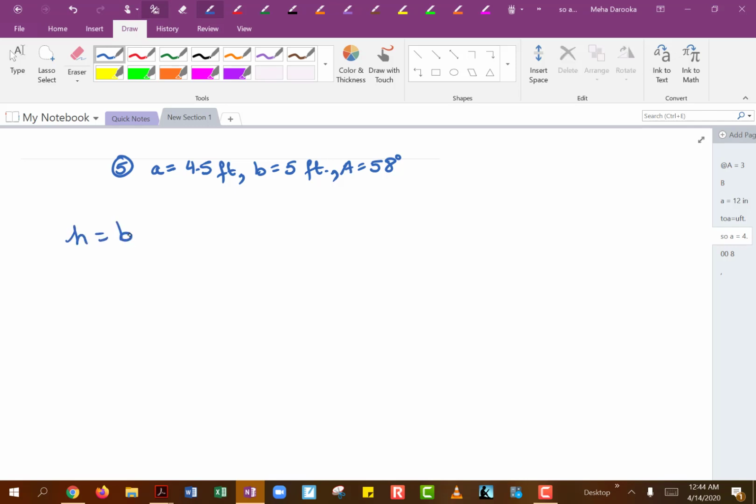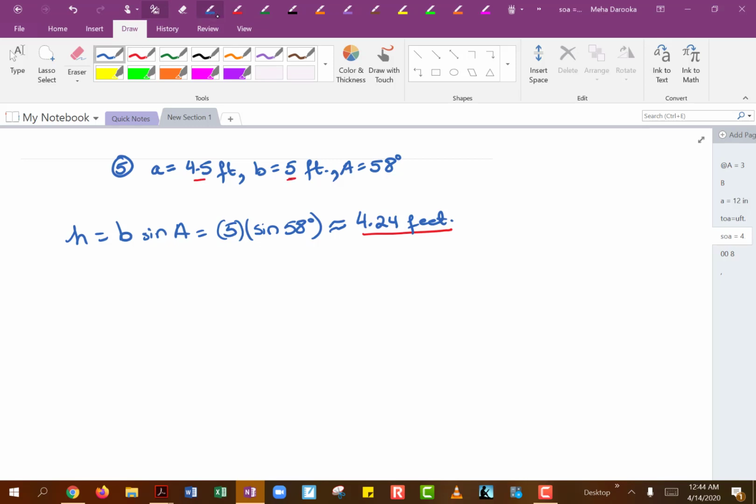So H equals B times sine of angle A. B is 5 feet, sine of angle A is 58 degrees. Multiply that, and we get an approximate value of 4.24 feet.